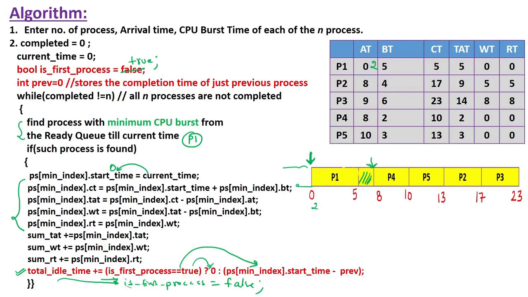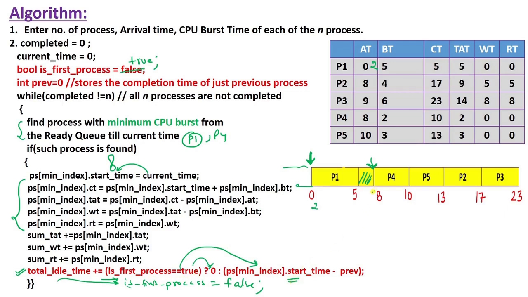Now for the next process, this P4, let's say our current time is now 8. This P4 was selected by this code, and the current time was 8, so start time will now be 8. We'll do all this. See here, is first process equal to true? No, so we'll come here.